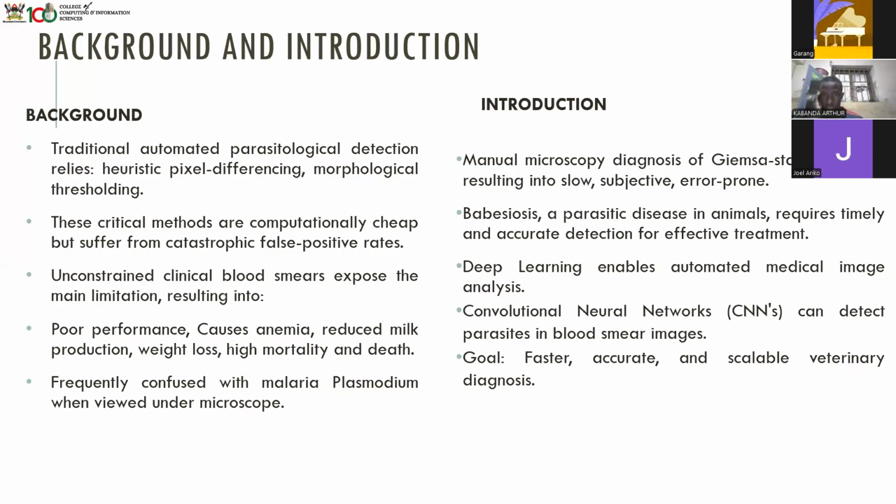We shall be using deep learning, basically a CNN, which is good for image analysis, so that we detect parasites in the blood smear images. Our goal is a faster, accurate, and scalable veterinary diagnosis.